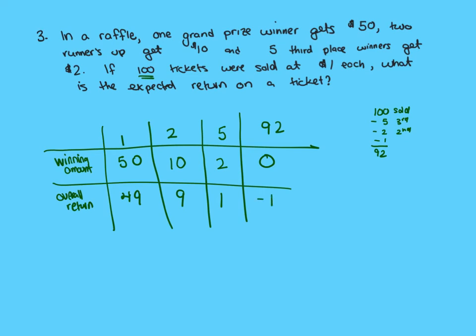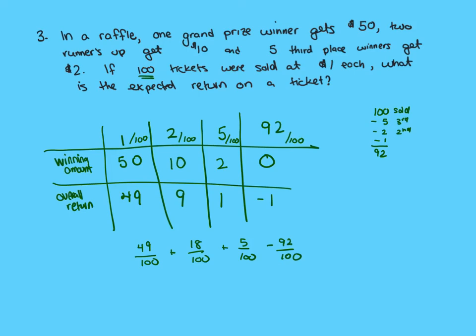So to find the expected return, I'm going to do the probabilities. So I take my probabilities, I need to divide each of my numbers by 100. And then I'll multiply by their return. So I end up with 49 over 100 plus 18 over 100 plus 5 over 100 minus 92 over 100. And then if we add those all together, we're going to get our expected return.